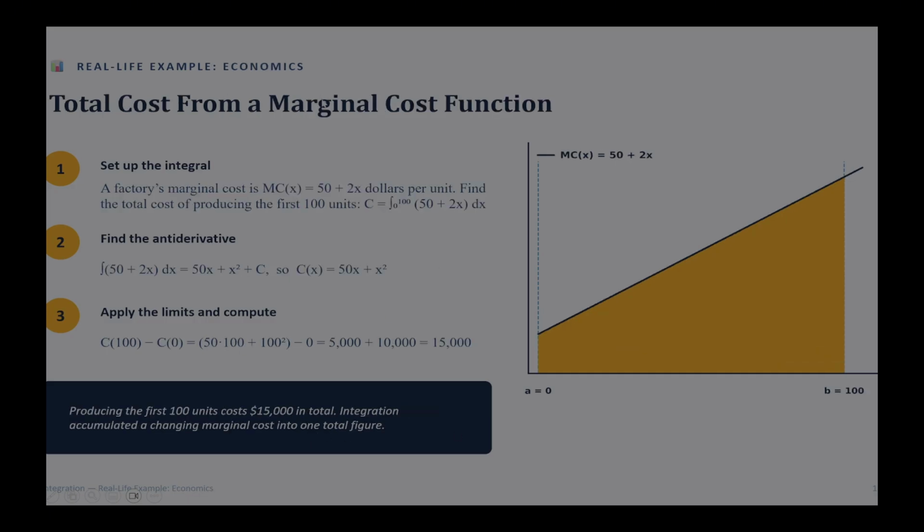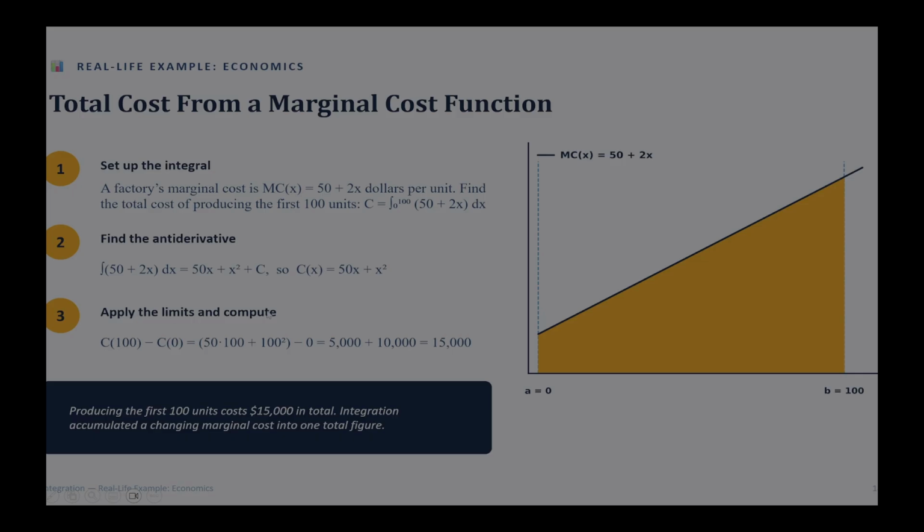Next one, the total cost from a marginal cost function. We set up a factory with marginal cost MC(x) equals 50 plus 2x dollars per unit. We find the total cost of producing the first 100 units. That means we integrate from 0 to 100 of this marginal cost function. Find the antiderivative: C(x) equals 50x plus x squared.